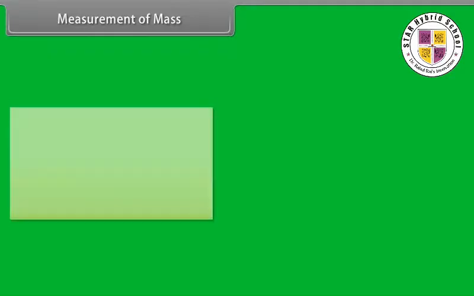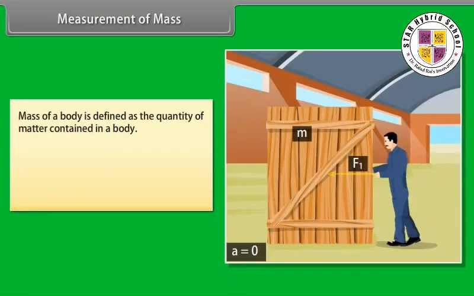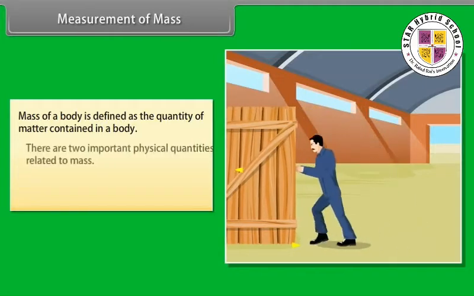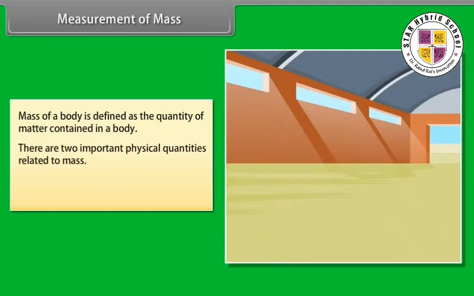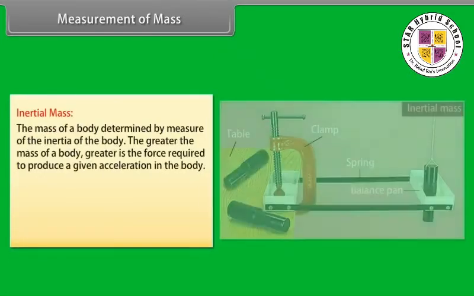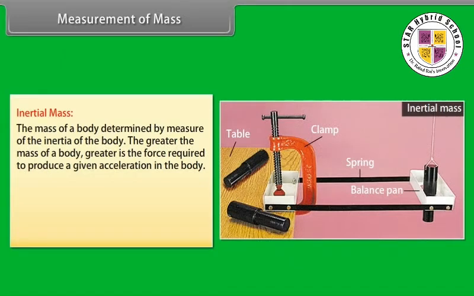Measurement of mass. Mass of a body is defined as the quantity of matter contained in a body. There are 2 important physical quantities related to mass of a body. These quantities are inertial mass and gravitational mass. Inertial mass: the mass of the body is determined by measure of the inertia of the body.